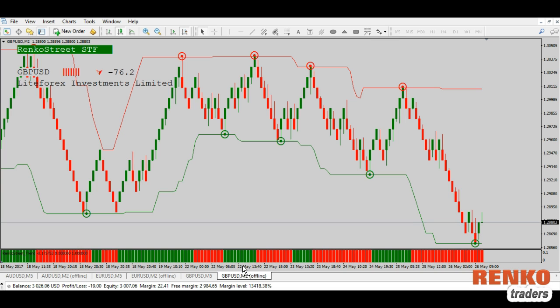What I would suggest is traders can combine the system with a couple of other indicators. For example, replace this silly looking currency strength meter and use another indicator which would allow you to do a visual backtest, so you can test the efficiency of a customized version of the Renkostreet system.